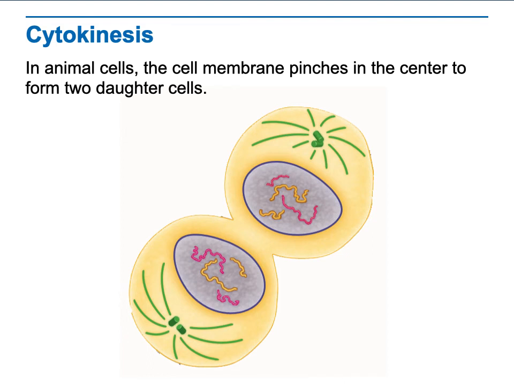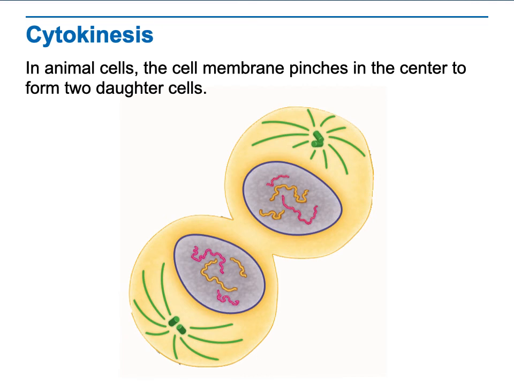Cytokinesis is different in plant and animal cells. In animal cells, the cell membrane is drawn inward until the cytoplasm is divided into two nearly equal parts. On the other hand, in plant cells, a cell plate forms near the center of the cell.